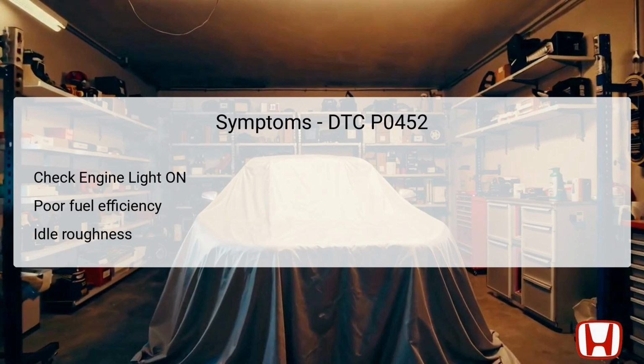Another potential symptom includes rough idling, as the engine struggles to maintain optimal air-fuel ratio due to inaccurate pressure readings from the FTP sensor. These symptoms, while indicative of this specific DTC, can also overlap with other problems in the engine management system, underscoring the importance of thorough diagnostics.